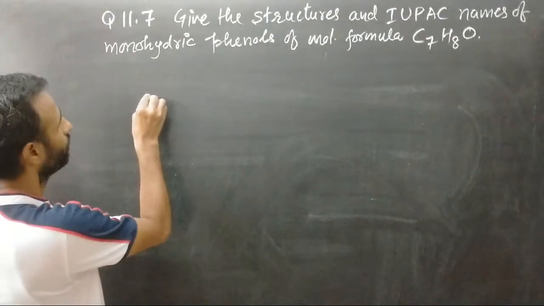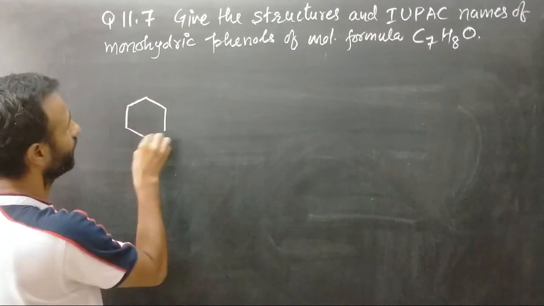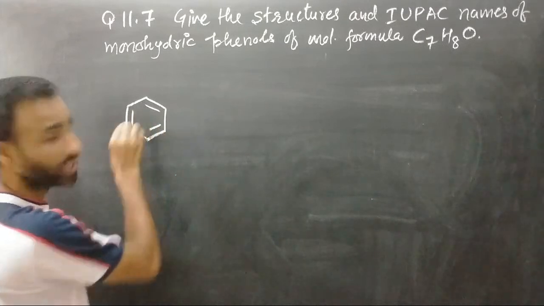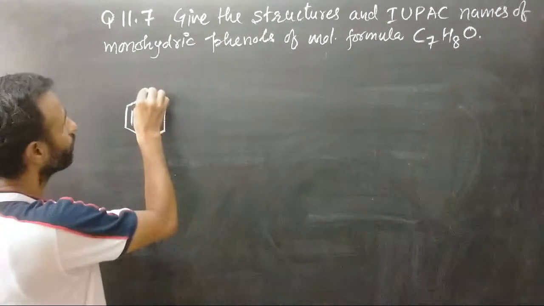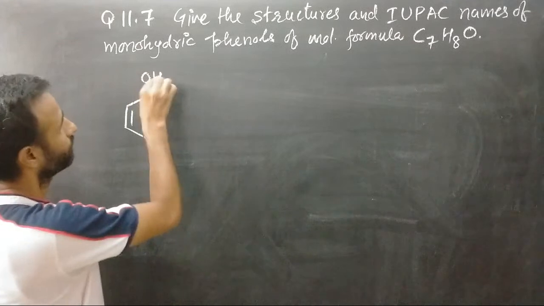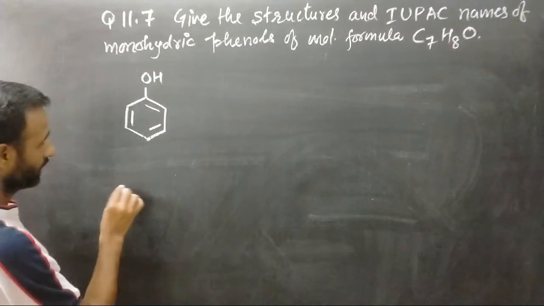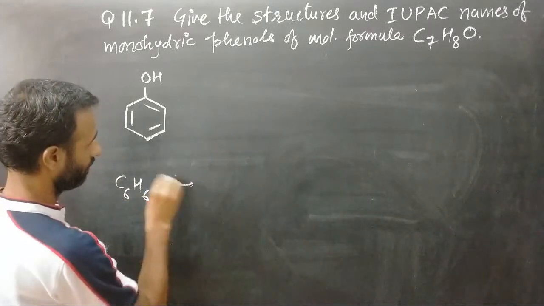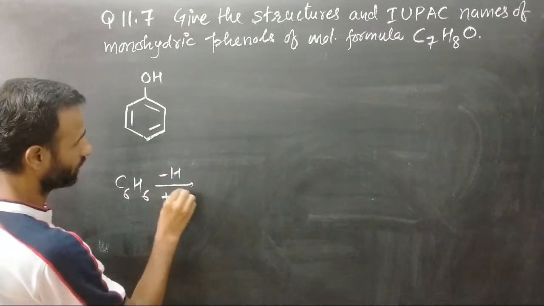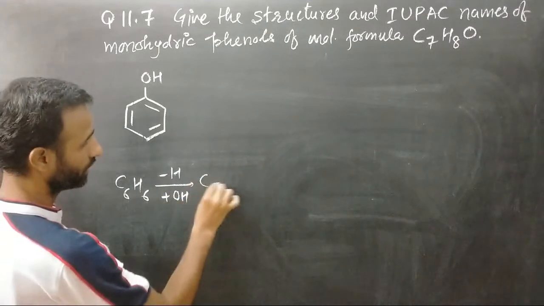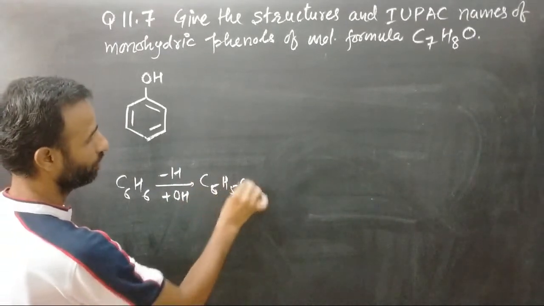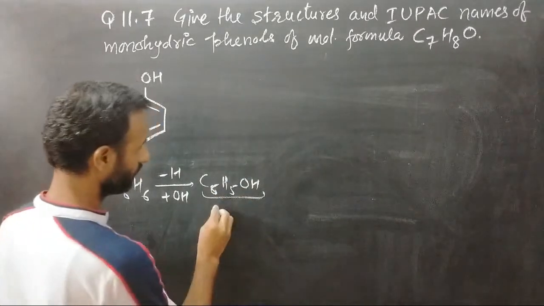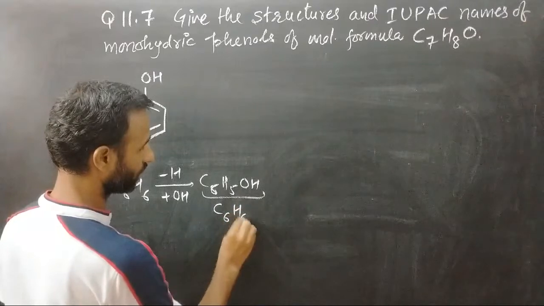First of all, if we draw this structure, it is C6H6. Now one of the hydrogens is replaced by OH, so it becomes C6H5OH, means C6H6O.